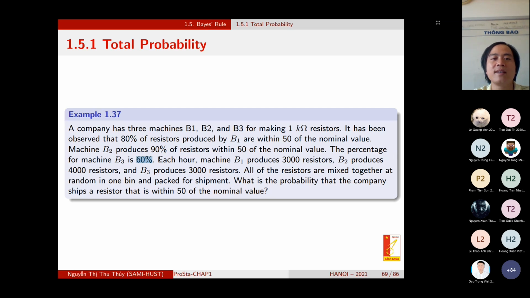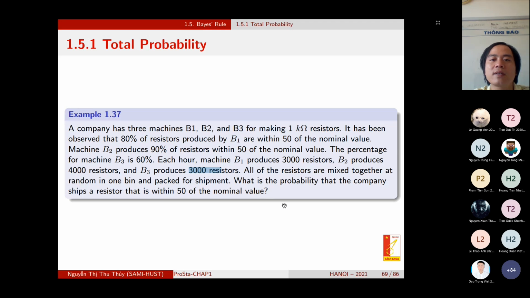Now we say that in each hour, machine 1 produces 3,000 resistors, machine 2 produces 4,000 resistors, and machine 3 produces 3,000 resistors also in each hour. Now they mix all the resistors together randomly, in one bin, and pack them for shipment to commercialize.